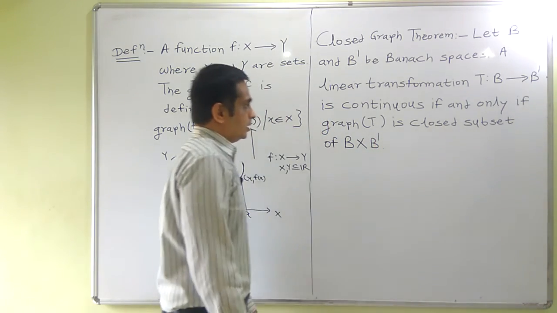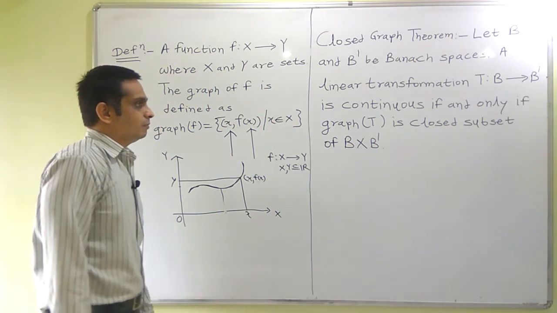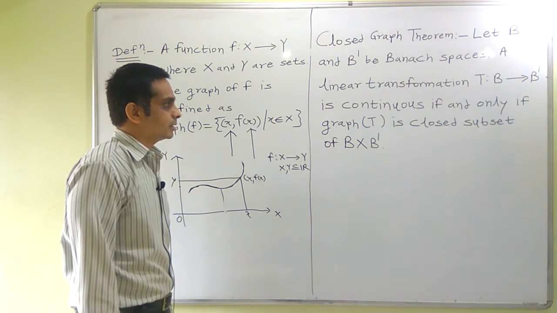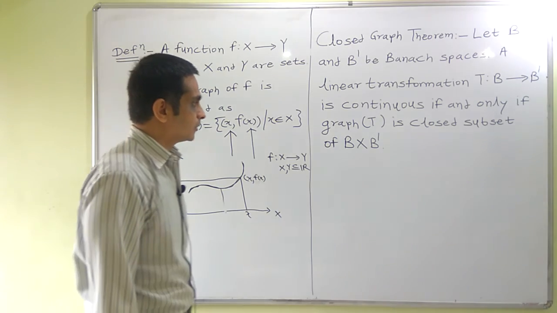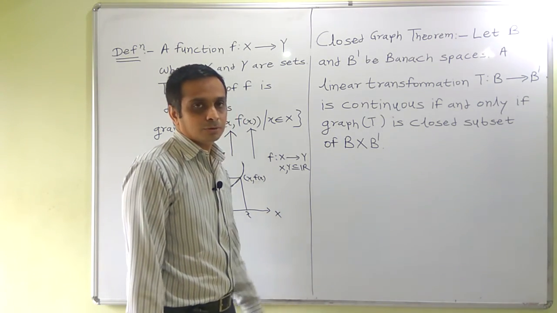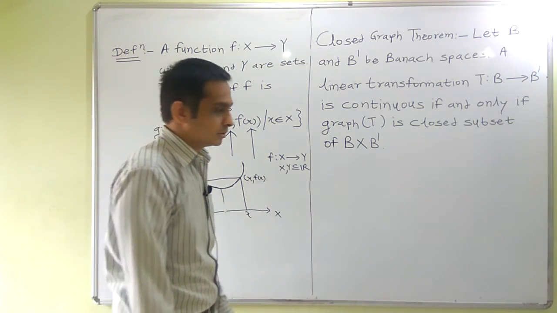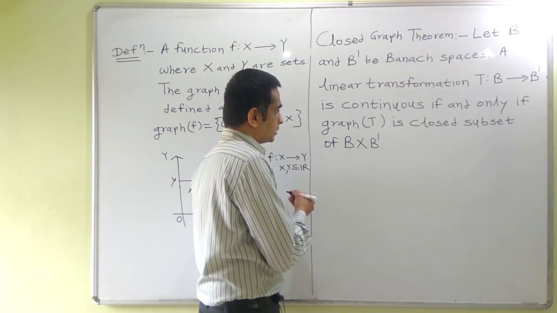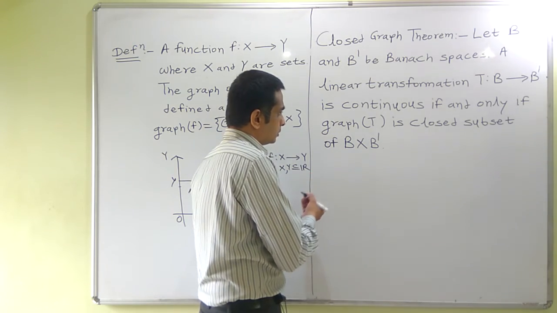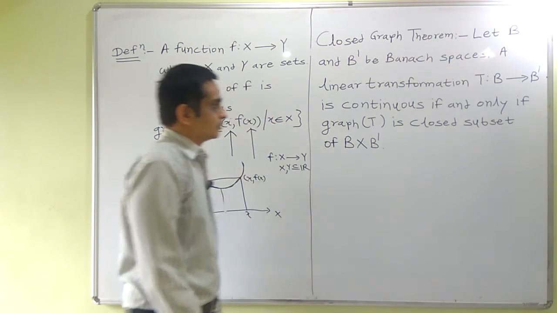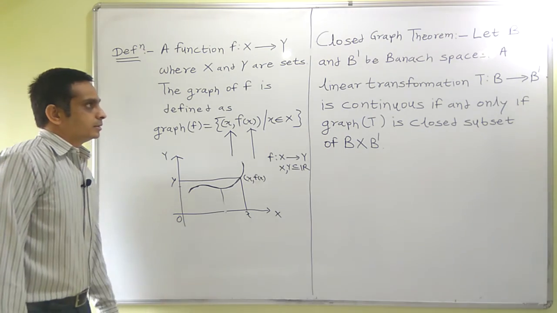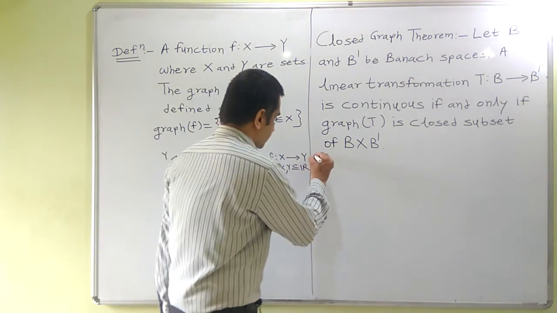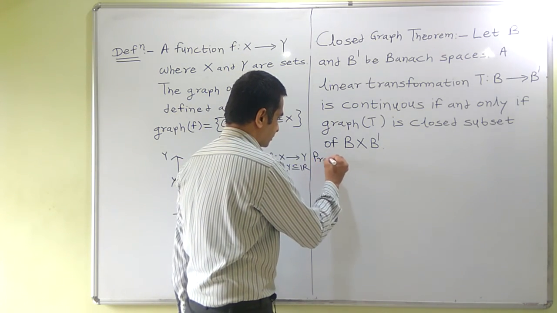So a linear transformation from one Banach space to another Banach space is continuous if and only if the graph of T is a closed subset of B cross B dash. So it is a two-way implication, the closed graph theorem, and the proof will be in two parts.